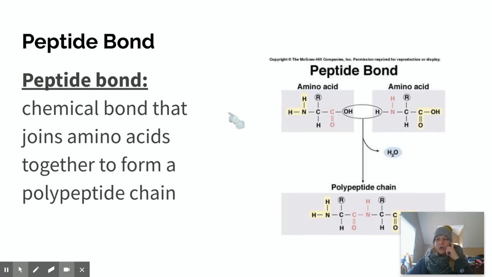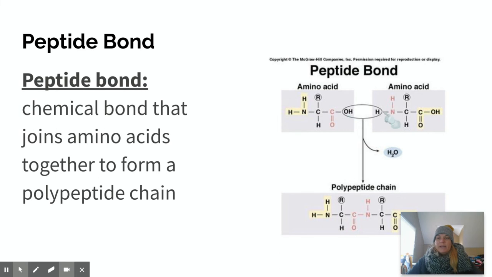So in the amino acid definition, it talks about peptide bonds, okay? A peptide bond is a chemical bond that joins amino acids together, okay? So you can kind of see what's happening here. This is an amino acid, and this is an amino acid. And you'll notice that they have a similar front and a similar back.